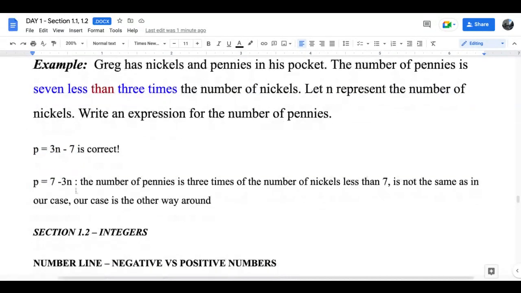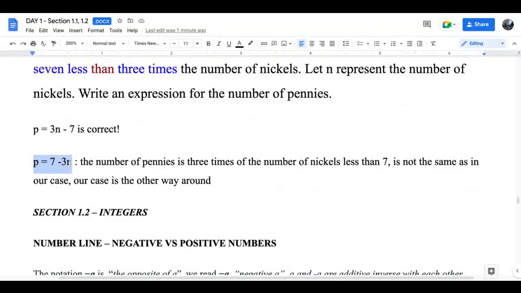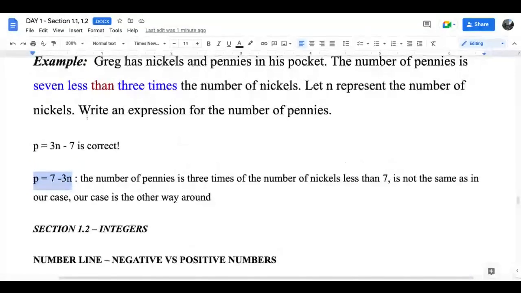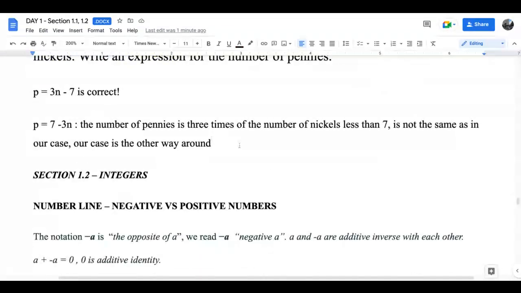Okay, oftentimes people make mistakes writing p equals 7 minus 3n. No, because it's 7 less than. If we don't have the word than, 7 less 3 times the number of nickels, that would be 7 minus 3n. But here we have less than, okay? Less than makes it different. Let me make a note here.